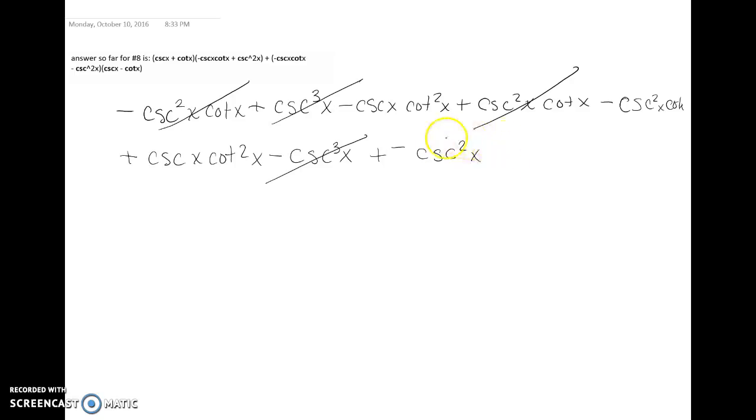That would be positive cosecant squared of x cotangent of x. So these cancel out. So our final answer is 0. They all actually cancel out, which is kind of amazing after that.